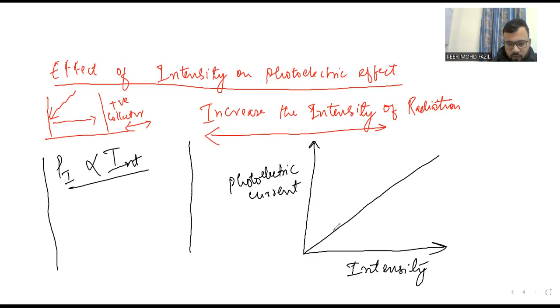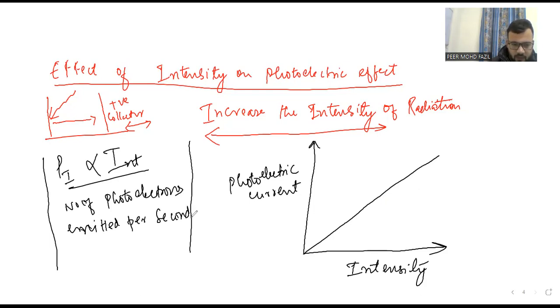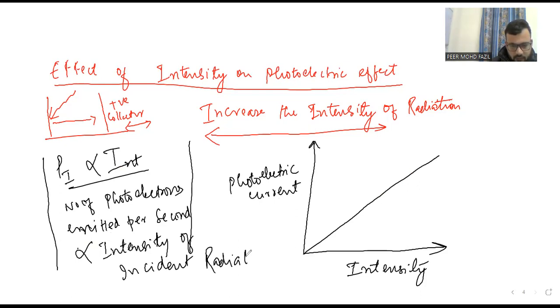So the number of photoelectrons emitted per unit time, or per second, because current is charge per unit time, is directly proportional to the intensity of the incident radiation. That is the reason we deal with the rate of flow of electrons. This is very important, dear students, how the intensity of the incident radiation affects photoelectric current.